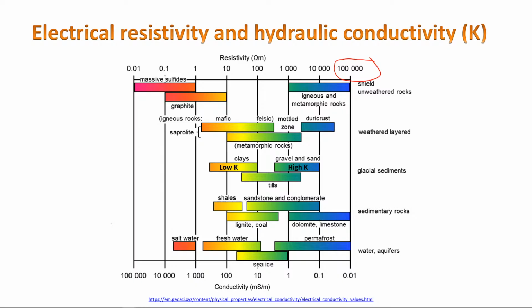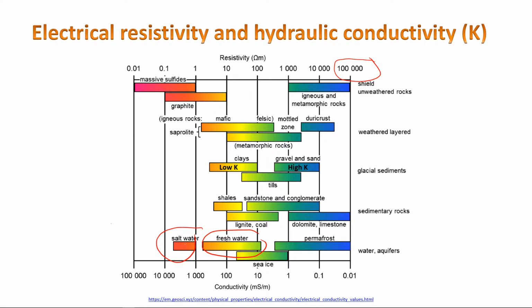Now, another thing you can identify from this is salt water and fresh water, because salt water is more conductive than fresh water. Salt water has sodium chloride, charged particles, so it conducts electricity better than fresh water.